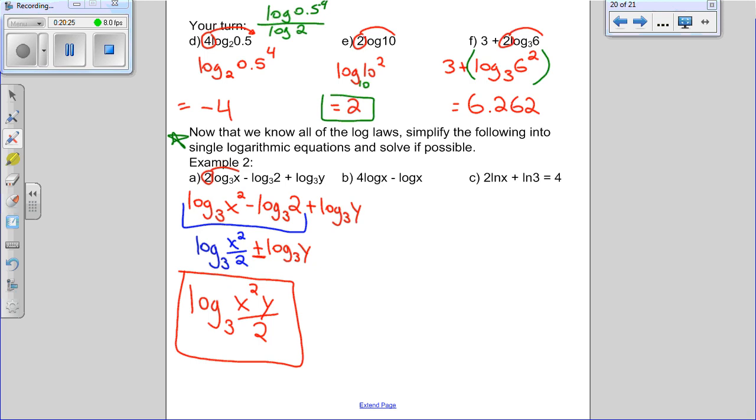All right, we try this middle one. We have 4 log x minus log x. They have to be the same base, which they are, so that's good. So we deal with our exponent first. So now it's log x to the power 4 minus log x.